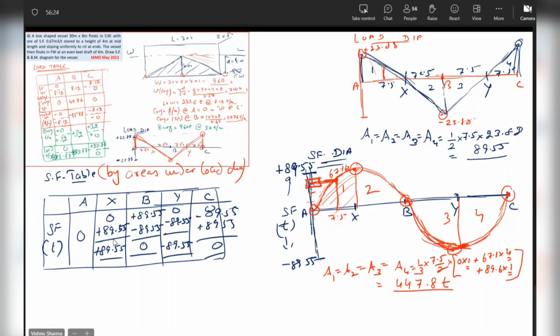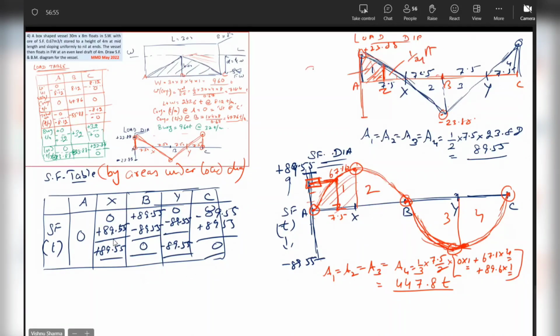But what I was trying to say was, if this is point Z, what is the BM at Z? SF at Z is this area. Yes or no? Area of this trapezium. And what did I tell you? If you take the midpoint of this full triangle, then the area is 25% of the area.